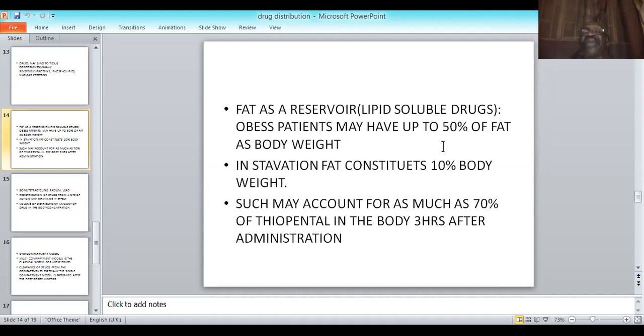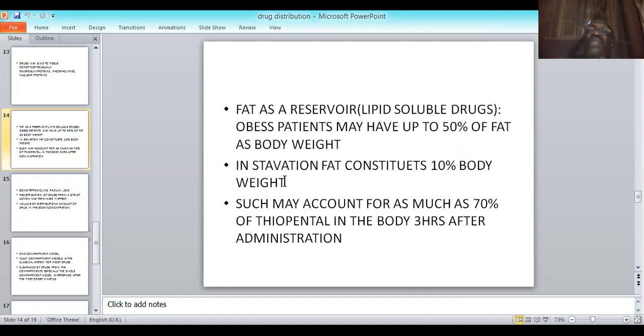Meanwhile, imagine there's another person who is not obese, who has just 30% of body weight as fat. Such a person, extrapolating directly, will have 70% of drug unbound compared to someone that has 50% of drug unbound. It can make a difference as regards the therapeutic outcome.